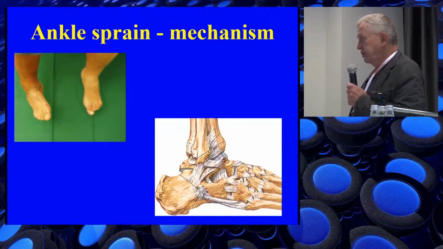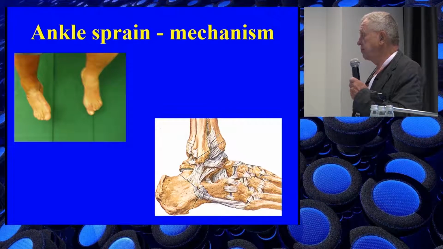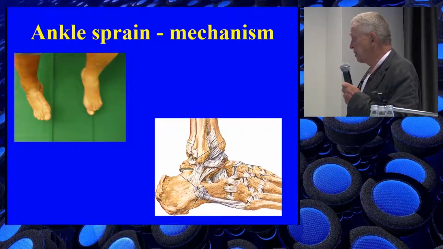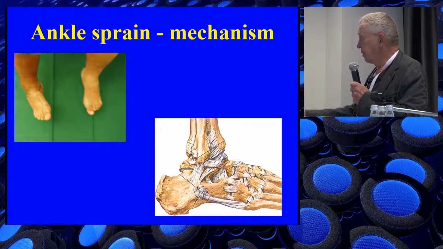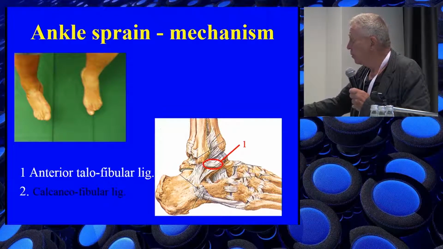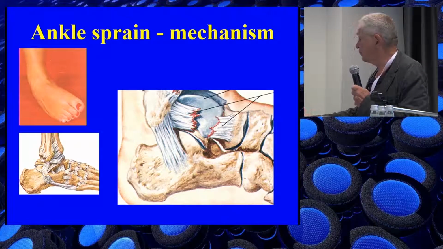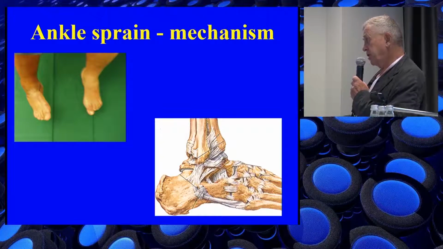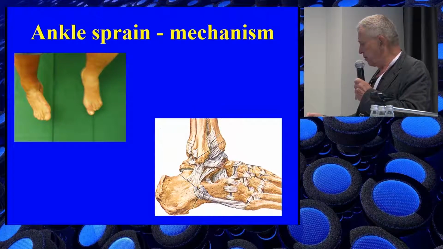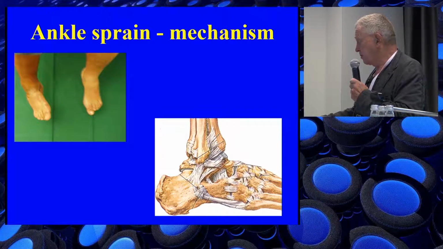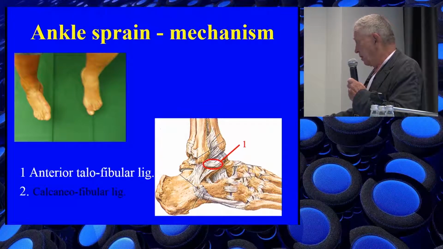And how does this sprain actually come? The mechanism in the foot is an internal rotation and a supination of the foot that give rise to a big straining of the ligaments here.